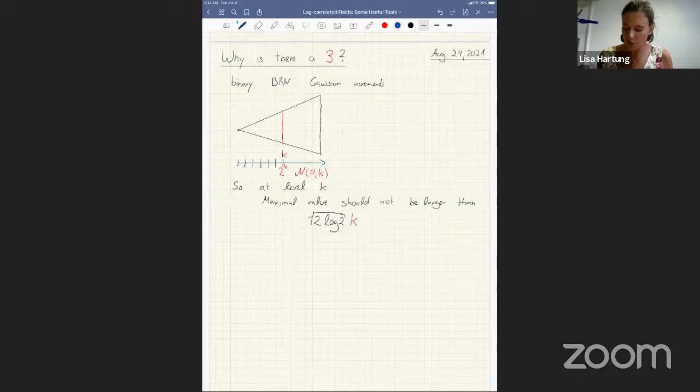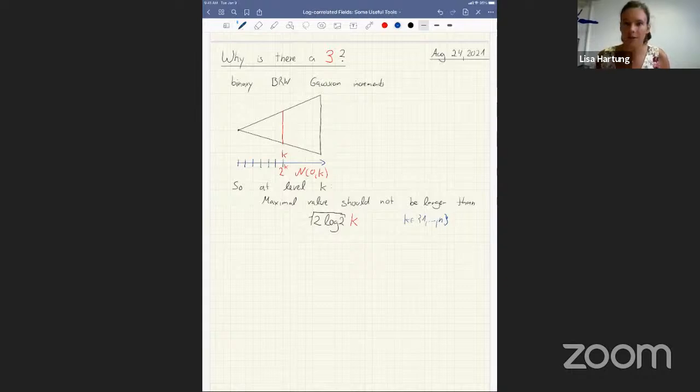So this is true for all k, where k is between 1 and n. But n, that's just a linear thing.